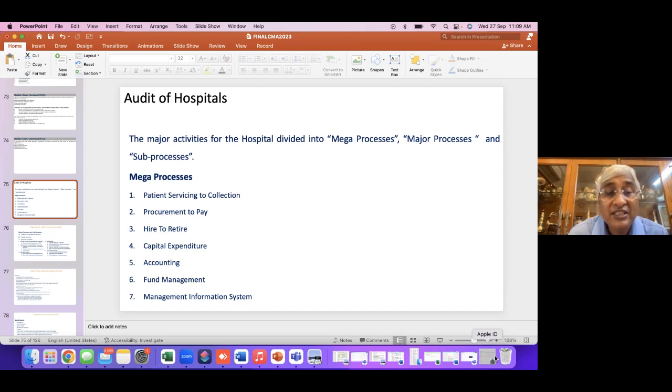Because at the end of the day, everyone wants to earn a sizable amount of profit. So in the management information system, they can estimate that with increase in beds by say 10 beds in a particular department, or maybe increasing 10 beds in the general category, which one will be beneficial.